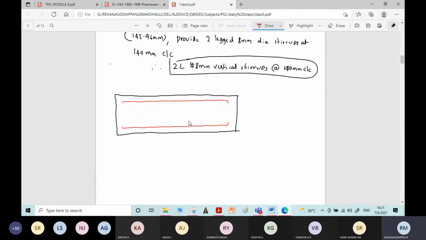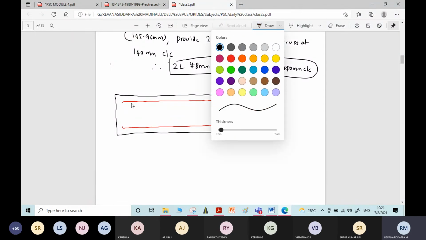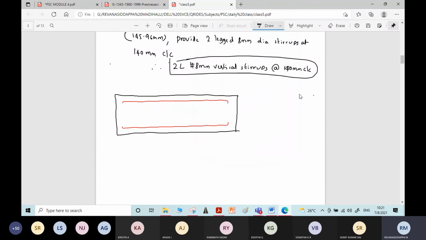Okay, these are the main bars. The details of the main bars are not given. Just we will take two sets of bars at top and bottom. Okay, no need to worry about the main longitudinal bars. Here we are doing design for the shear.